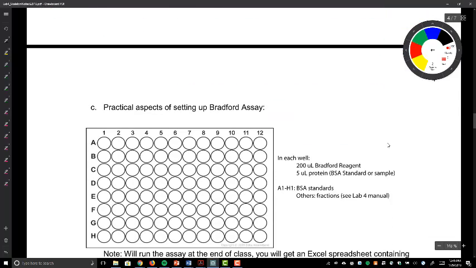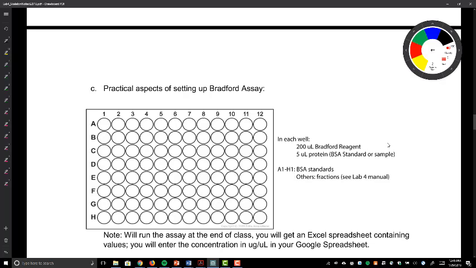All right. So again, practical aspects of setting up a Bradford assay. You're going to be setting up a 96 well plate, and in A1 to H1 is where you're going to have your BSA standards. That's where you'll add your increasing amount of BSA, increasing micrograms.